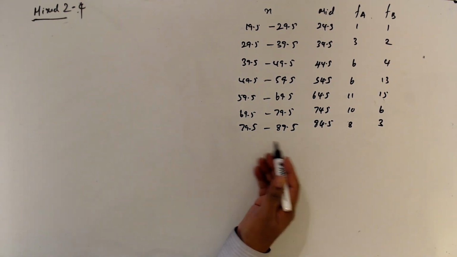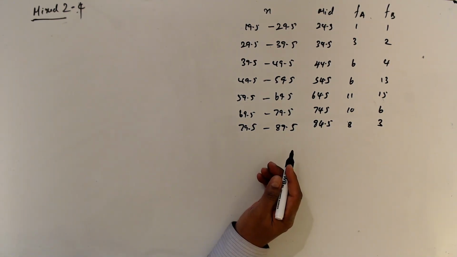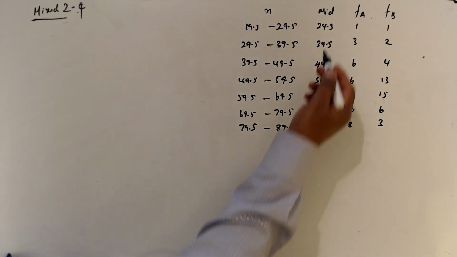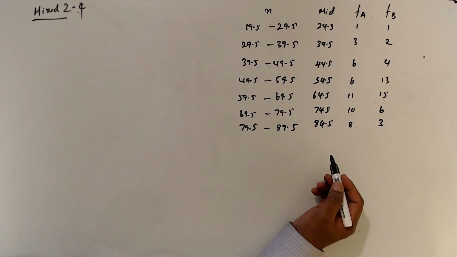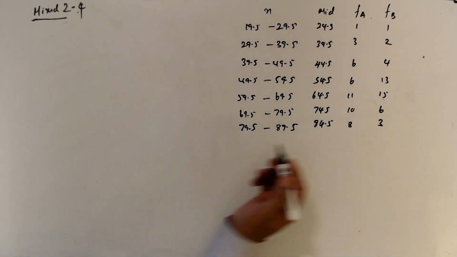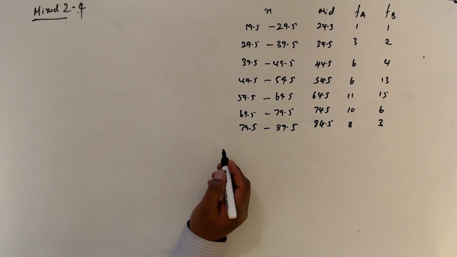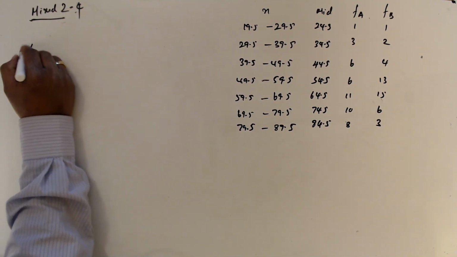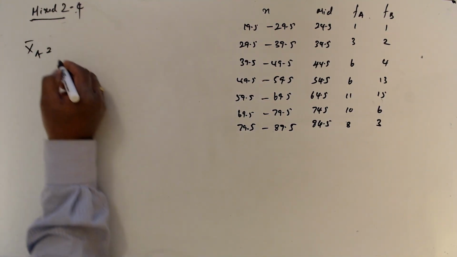We need this kind of thing for interpolation. Now I found out the midpoint, and this is the frequency and the frequency for B, and we want to find x bar for A group.